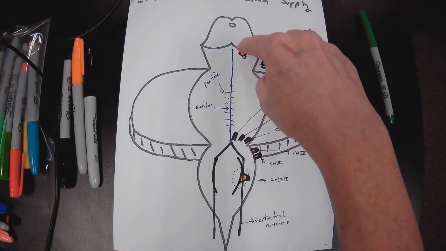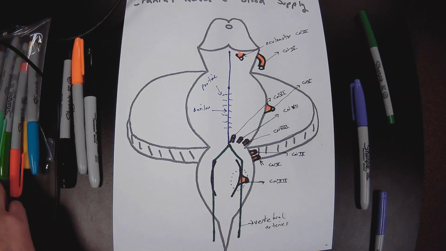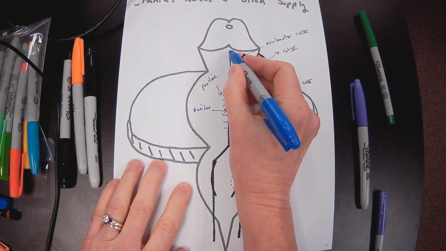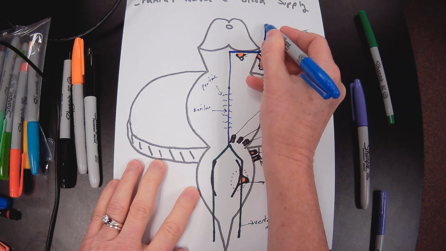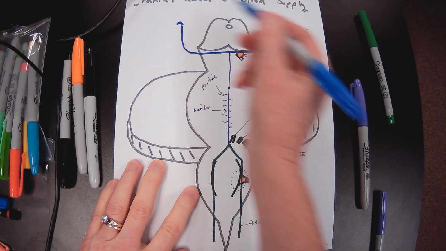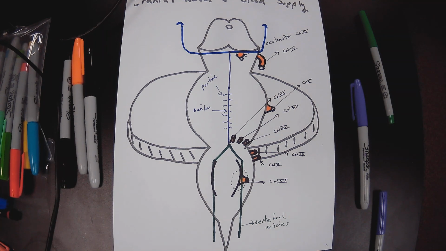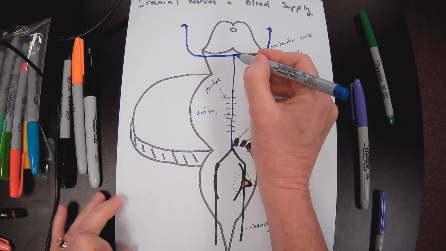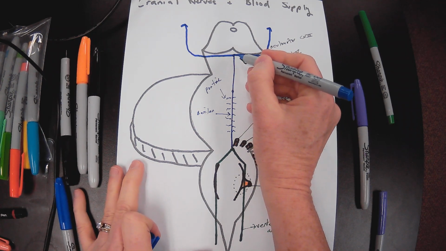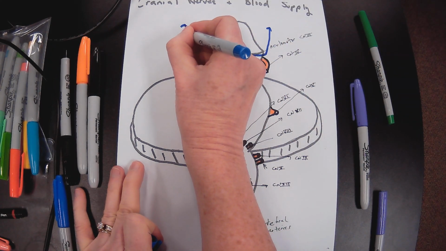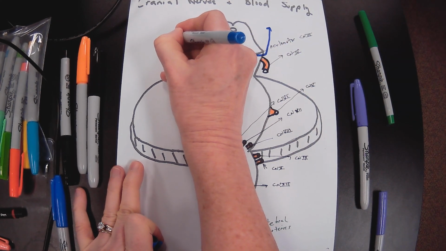Okay, at the top, just above the level of the 3rd cranial nerve, basilar artery splits off into 2 that go back. Which arteries are those? Left and right. Anybody remember what these arteries are? Off the top of the basilar splits off into PCA, left and right PCA, posterior cerebral arteries.